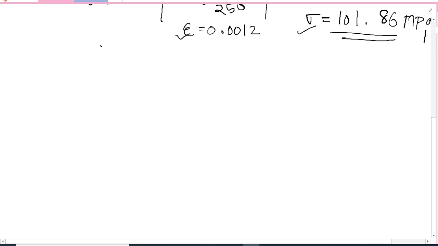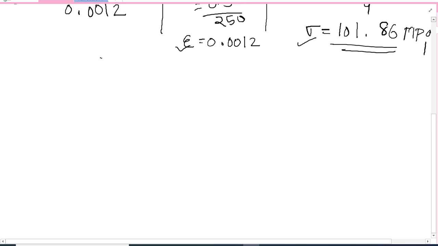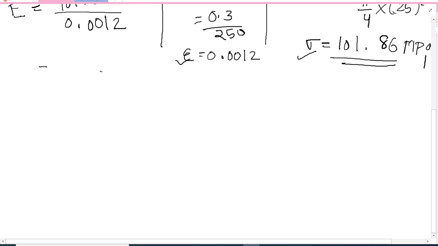So then we get the modulus of elasticity as 84.883 into 10 raised to 9 Newton per meter square.